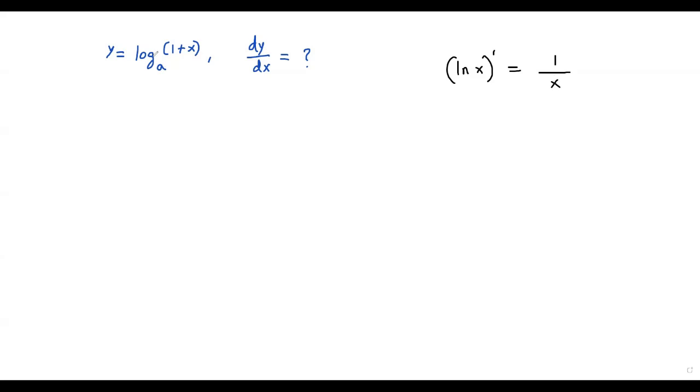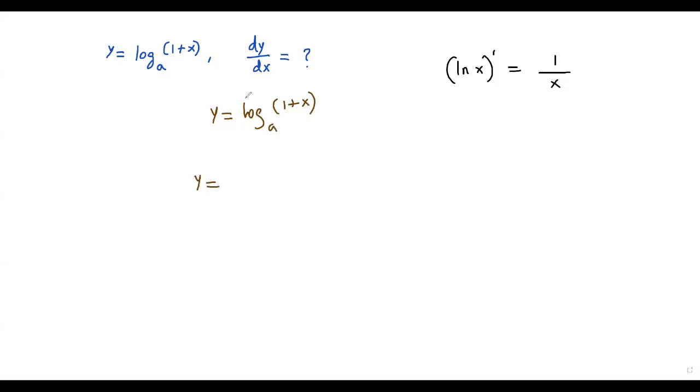But here for this logarithm, the base is a. So it's not a natural logarithm. So before we find the derivative, our first work is to convert this logarithm to a natural logarithm, that is, the logarithm with base e. So what should I do for that? Let me write the given function y equals log of 1 plus x to the base a.